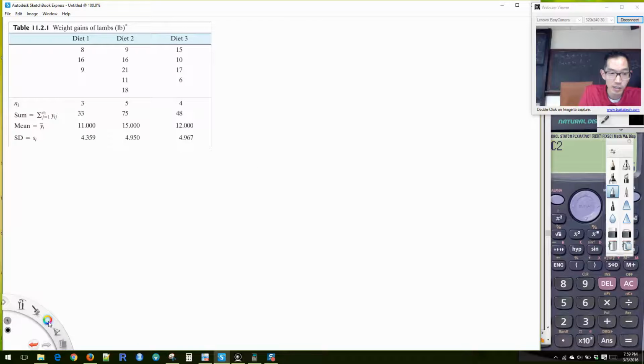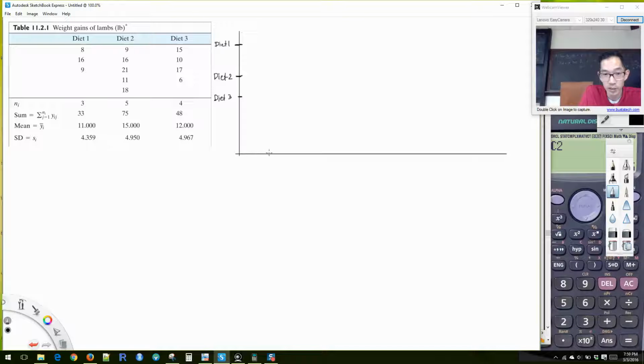Okay, so to illustrate this, I'm going to draw some dot plots here. I'm going to get a dot plot for diet 1, diet 2, and diet 3.